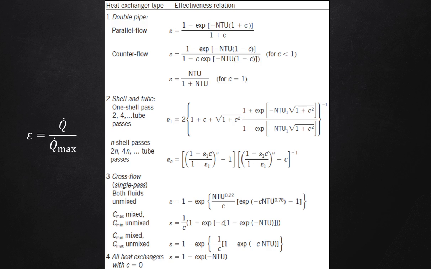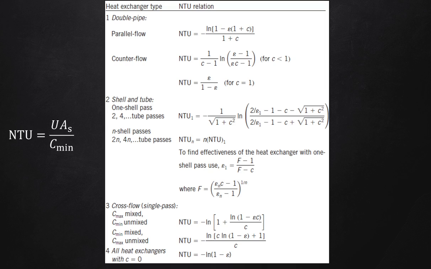Because if you look at these correlations, epsilon is equal to a function of these two other terms. If instead you know the effectiveness, then you would determine the NTU instead, and then that can be used to determine the overall heat transfer coefficient.